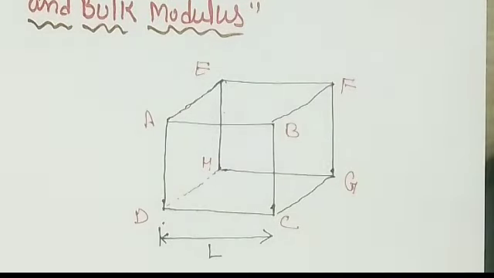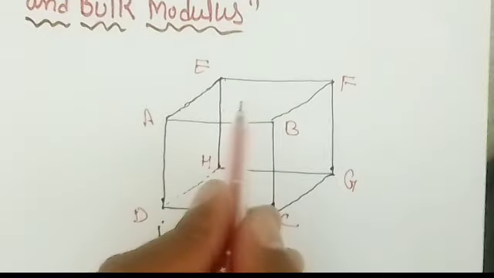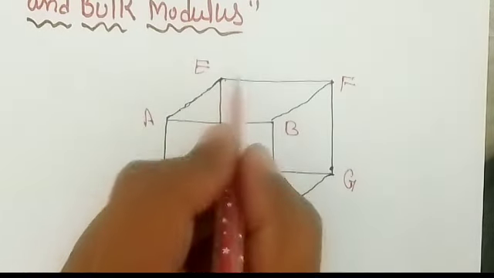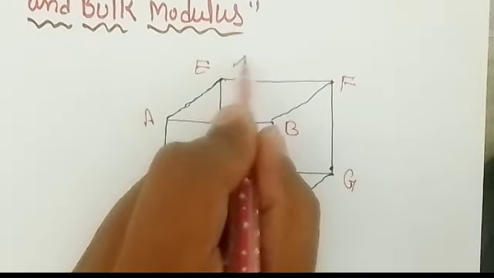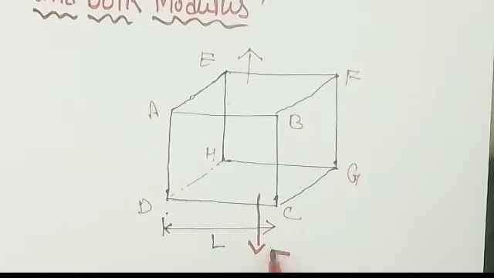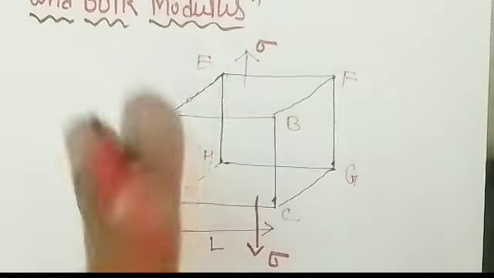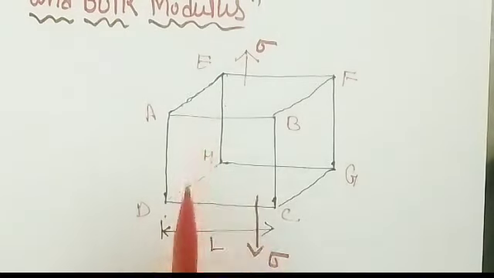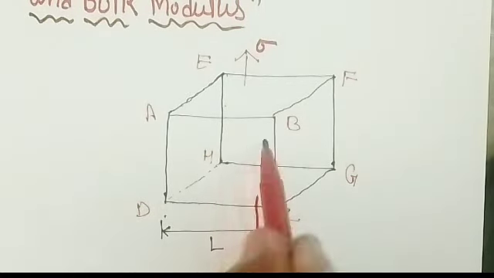Now these six faces are subjected to stresses, so on each face you have a stress. Let's say on the face A, B, E, F the stress is here, and another stress will be opposite, sigma and sigma. This is the y-axis, this is the x-axis, and this is the z-axis.